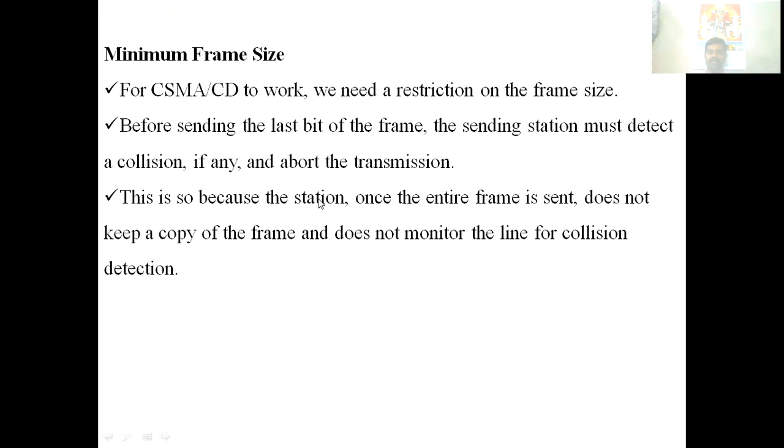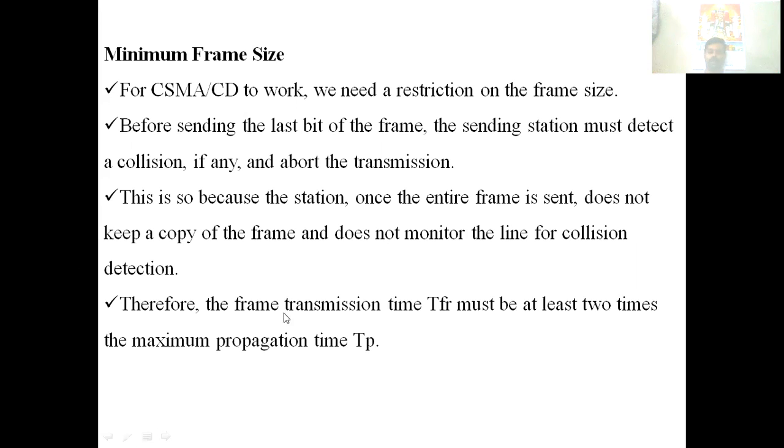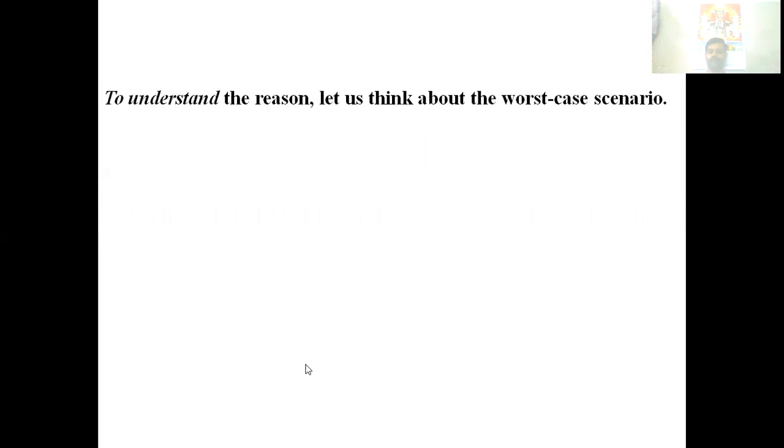This is because when the entire frame is sent, the station does not keep a copy of the frame; after sending, it is only monitoring the line for collision detection. So the frame transmission time TFR must be at least 2 times the maximum propagation time.